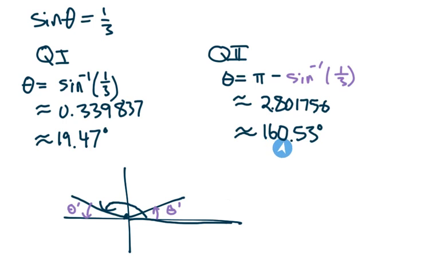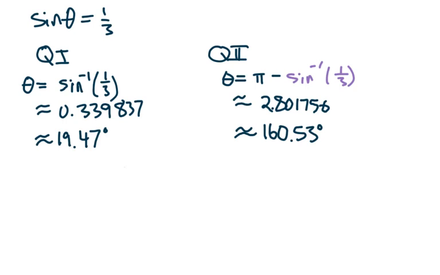This is approximately 160.53 degrees. And you know that this is between 180 degrees and 90 degrees. This is definitely in the second quadrant. Knowing the degree measure of these approximations can help tell you whether you're in the right quadrant. You should also check that this plus this equals 180 degrees. It does. Great.